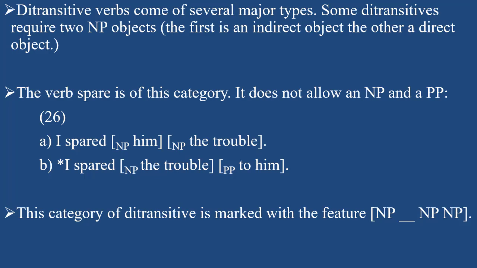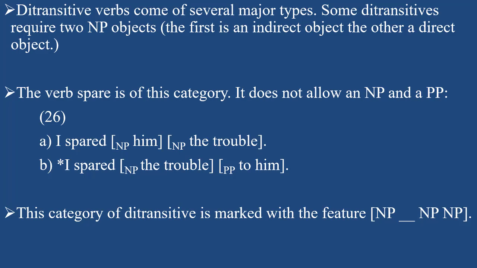Spare the trouble to him is incorrect. So spare allows 2 NPs: him, which is the indirect object, and the trouble, which is the direct object. But it does not allow an NP and another PP, a prepositional phrase.